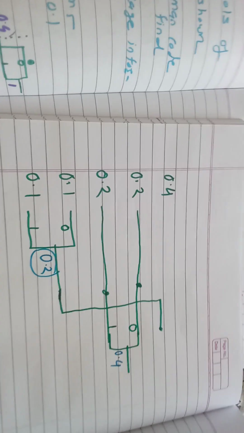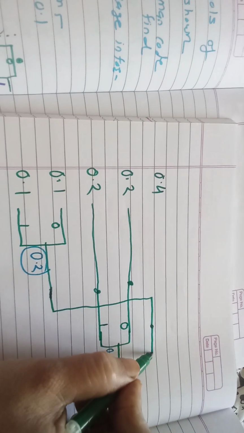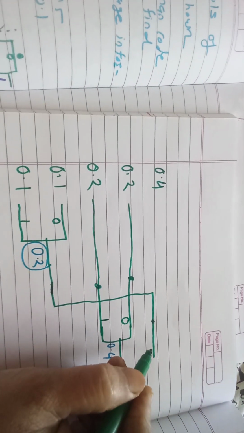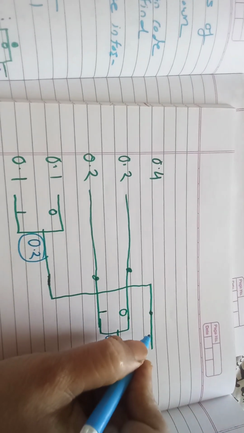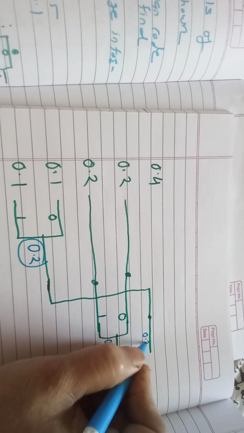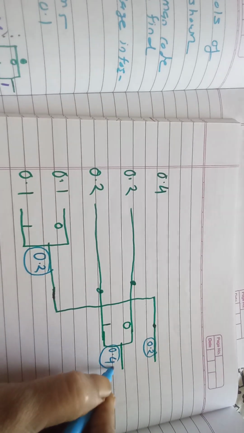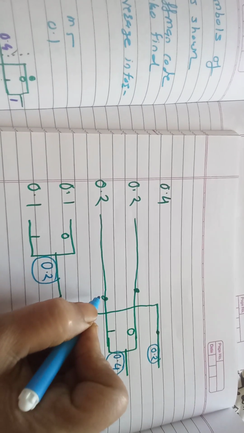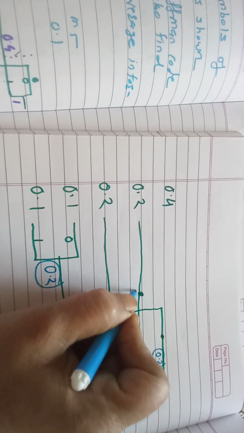Now you have 0.4, 0.2, this is 0.2. This is 0.4, here this is 0.2, this is 0.2, this is 0.2.